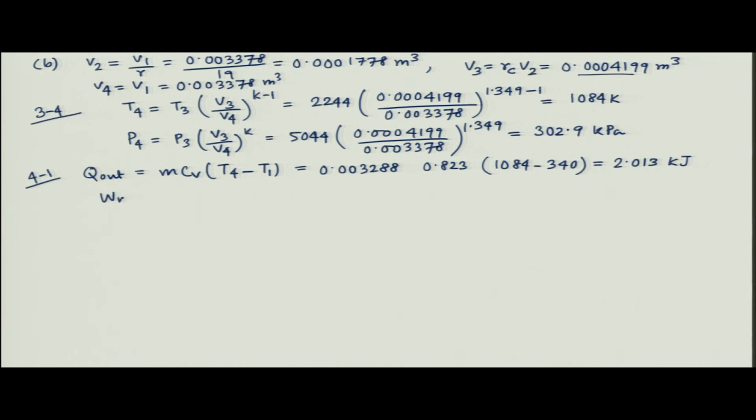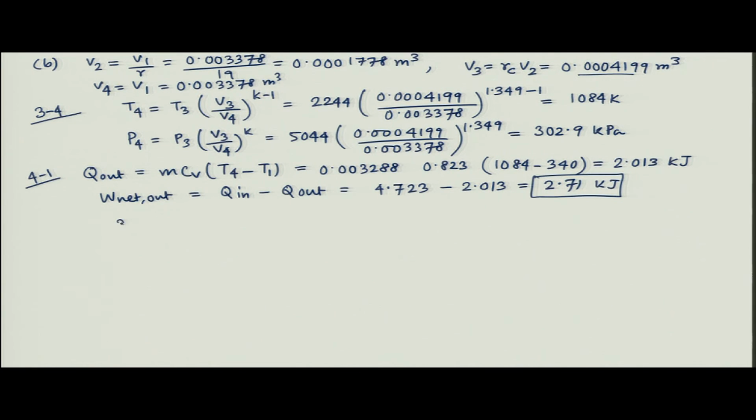Now, net work output is nothing but Q in minus Q out. We already wrote Q in is 4.723 kilojoule and Q out is 2.013 kilojoules. So, answer is 2.71 kilojoule. Okay. So, that is the net work output.